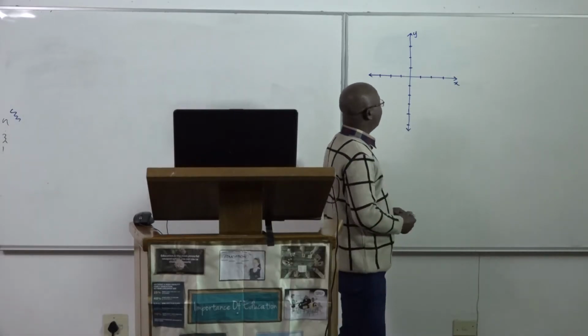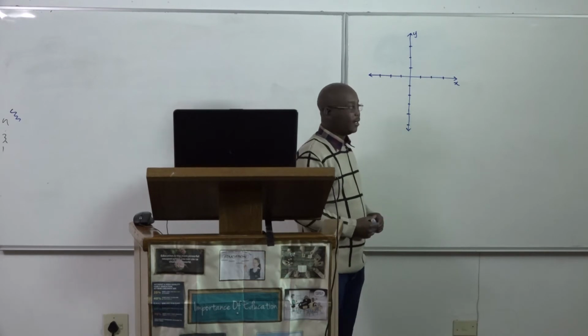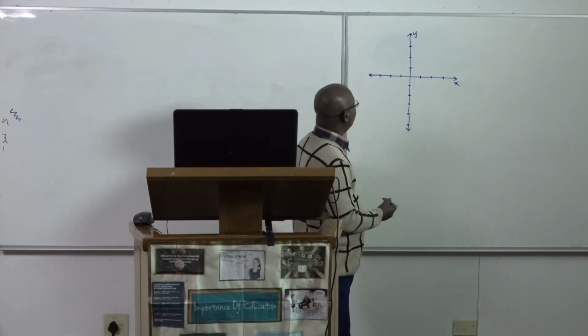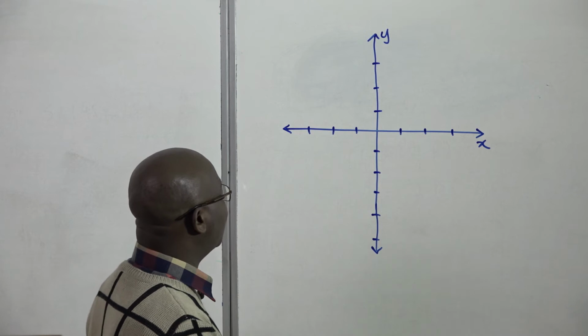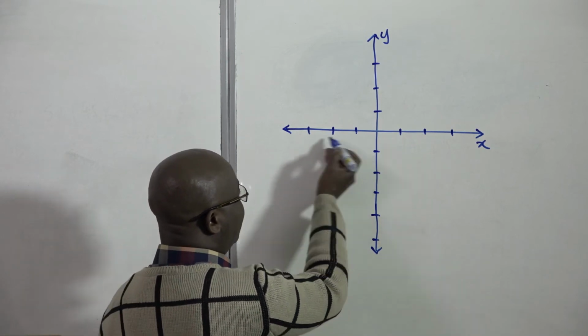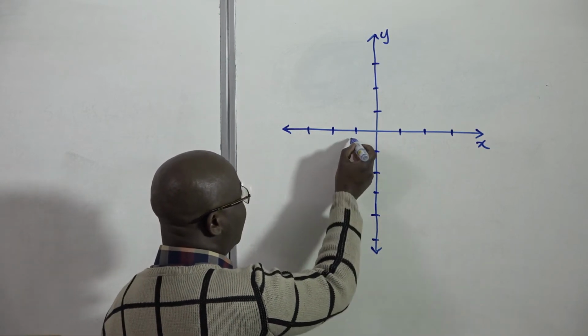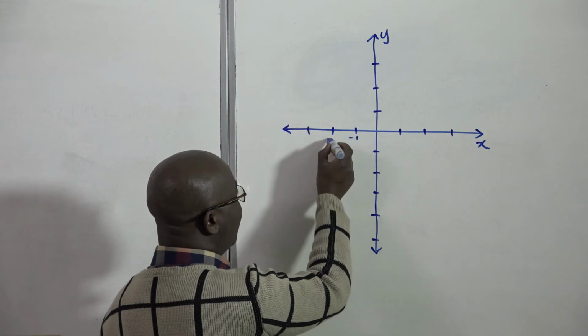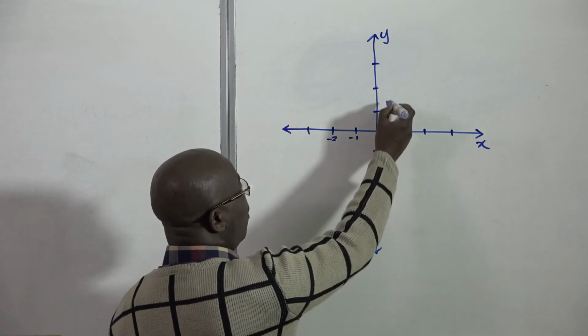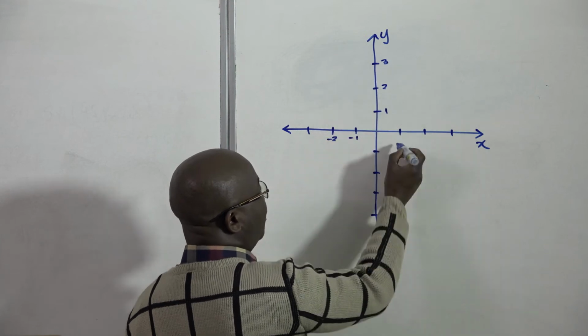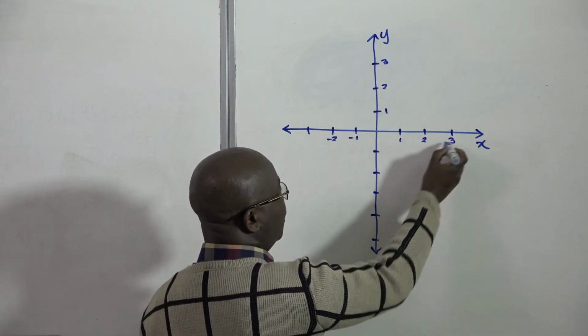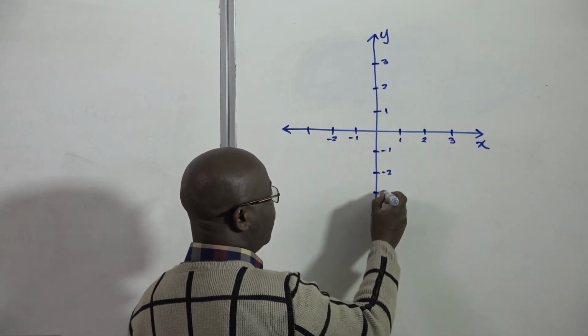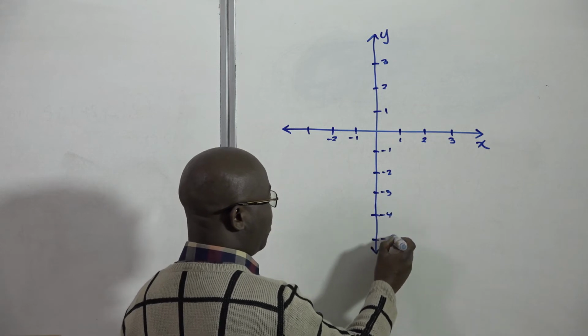You can see here I have the Cartesian plane. So the first thing we have is a point (-2, 3). And like I said, this is the x-axis, so this is -1, -2. This is 1, 2, 3. This is 1, 2, 3, -1, -4, -5.